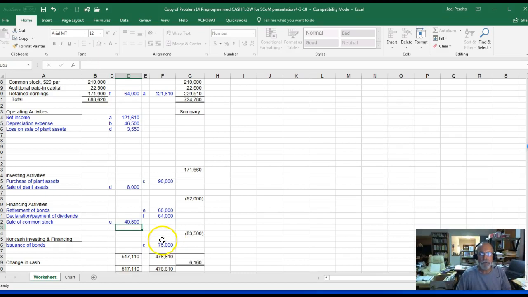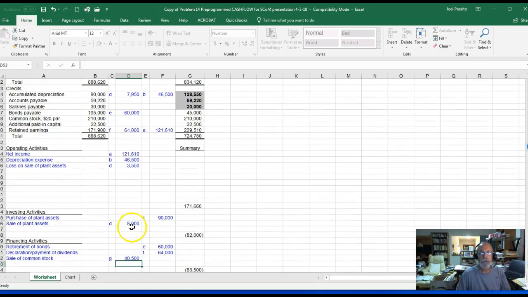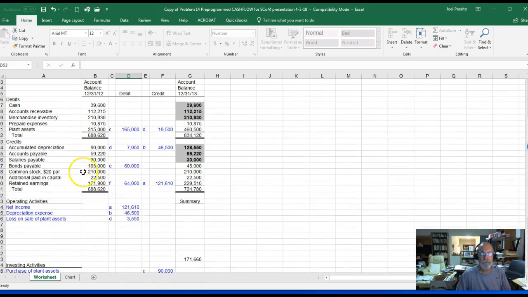And when we record the sale of stock, we debit cash for the selling price times the shares sold or issued. And we credit two accounts. We credit the stock account at par value, and our par value is shown there on the balance sheet, $20.